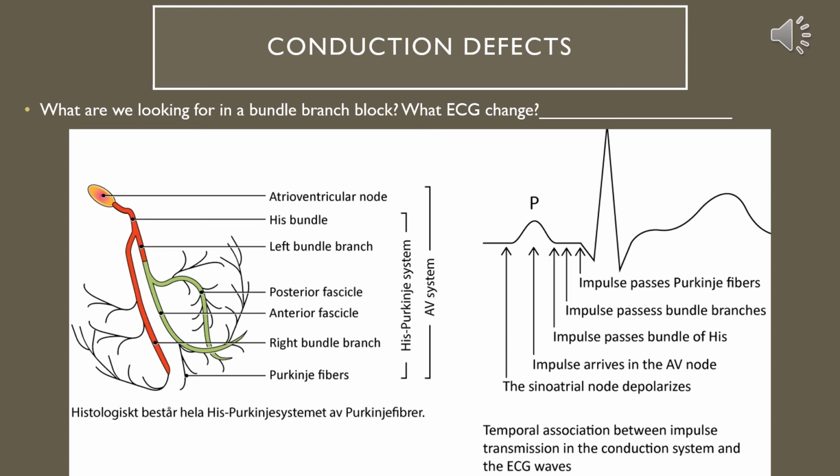So right there, where the impulse passes the Purkinje fibers, that's where you get that first downward Q. And that's going to be important when we're talking about some of these blocks, because that Q wave is a bigger deal in looking at some of the bifascicular blocks or the hemiblock.